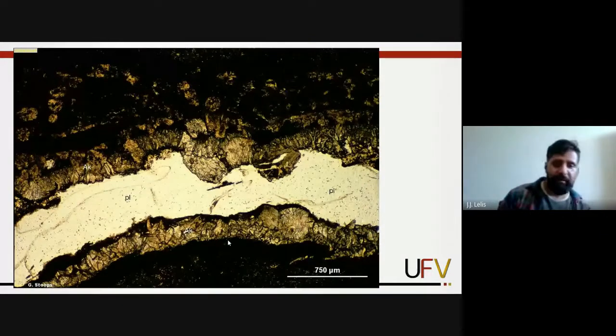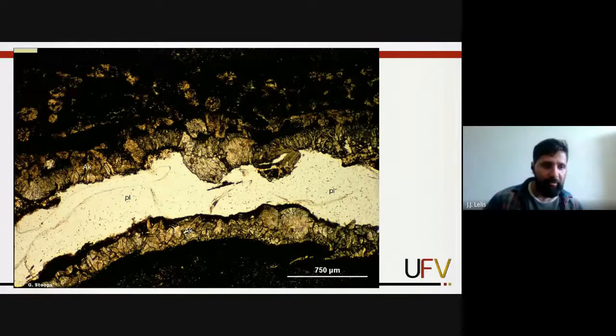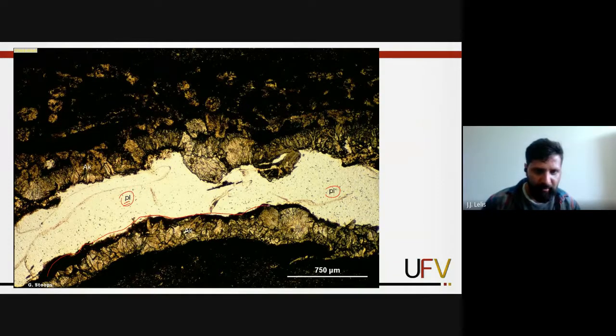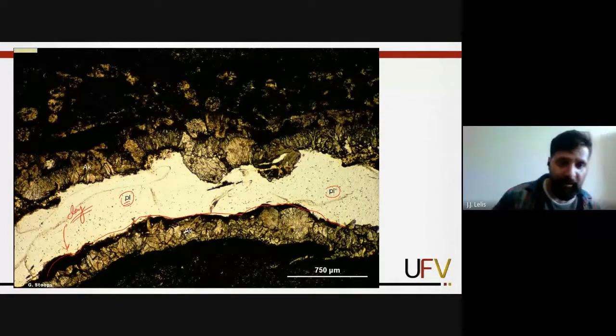Here we can see some of these features in a microscope, like this white zone with the PL symbol is a void, okay? And we have this dark material here, and this dark material is just clay that was deposited on the surface of the voids.